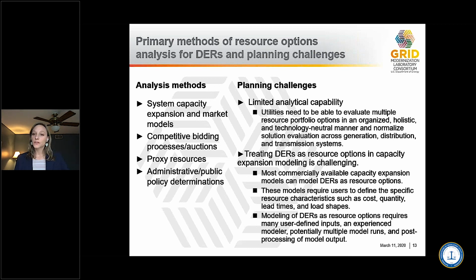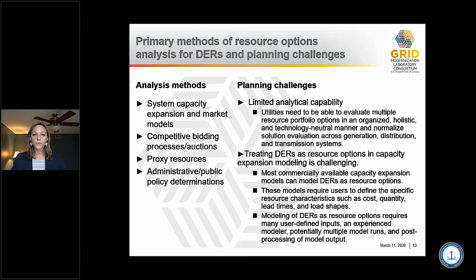Not all utilities or states include all system benefits, as I mentioned on the last slide, and not all utilities consistently quantify the benefits of DERs. For example, some might use marginal distribution system losses to determine the generation transmission system values, while others might be using average system losses. And the accuracy of load shape data is varied as well.